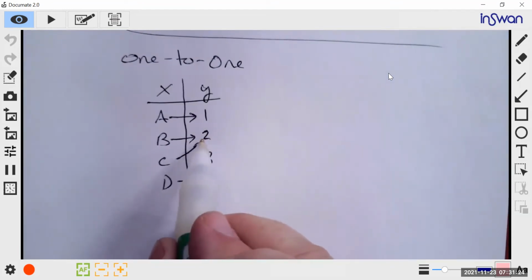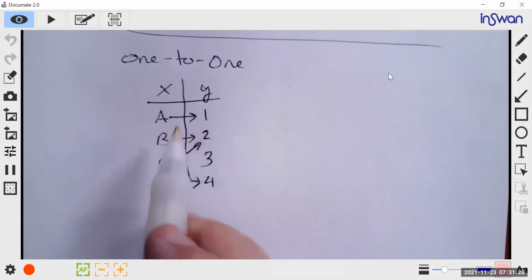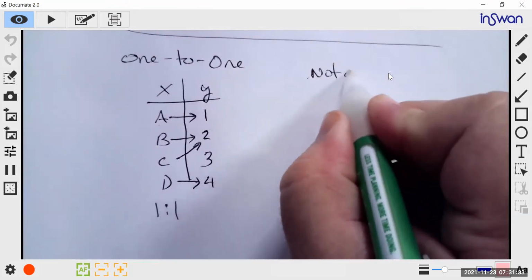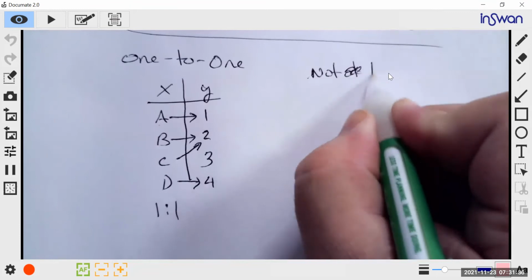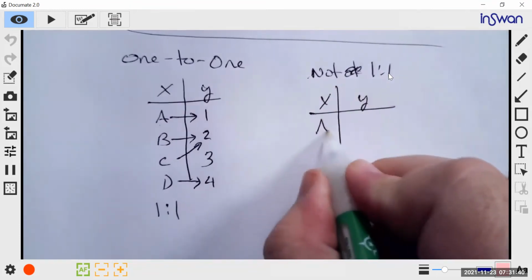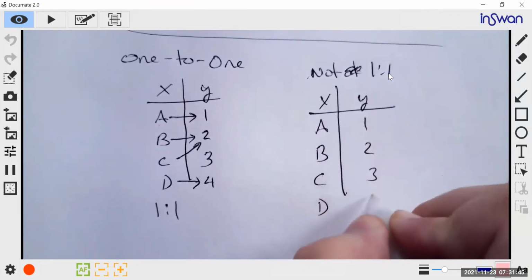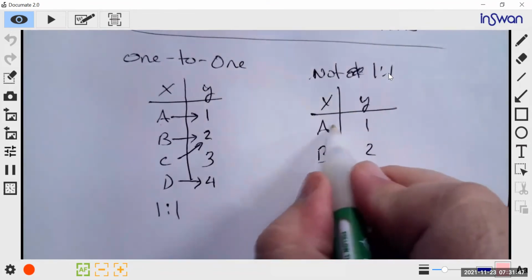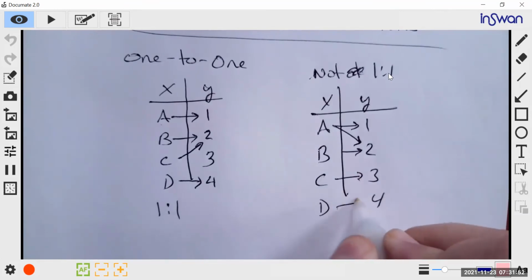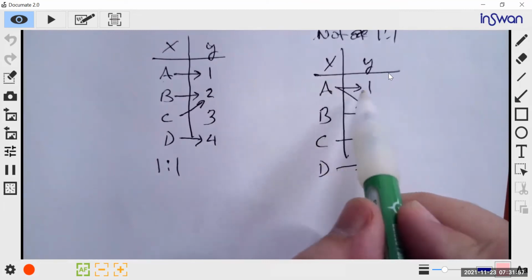They can point to the same one. So this is one-to-one. So one of these to one of those. Not one-to-one, because one of the x's do not make that.